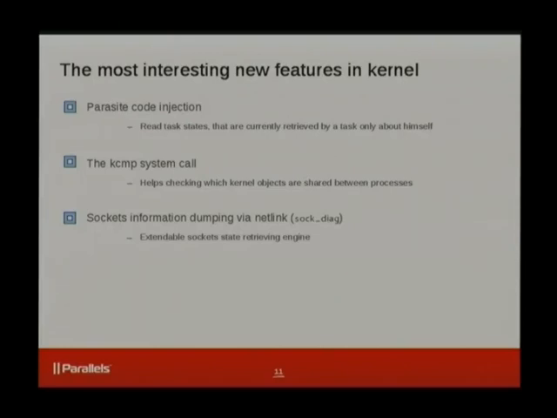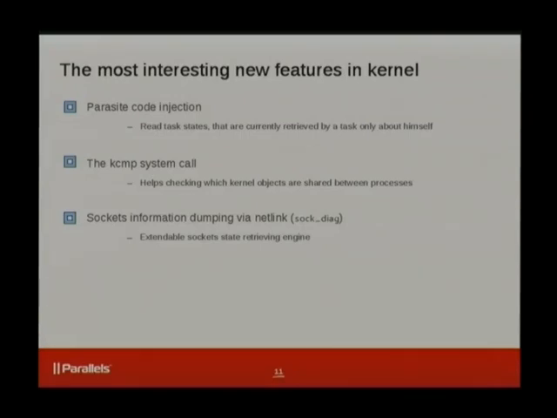Another big feature that got merged through David Miller's networking tree is the so-called socket diagnostic subsystem. It's a netlink-based subsystem which dumps into user space through a netlink socket very complete information about all the sockets in the system.